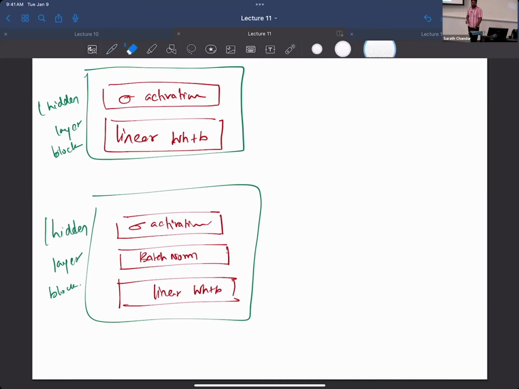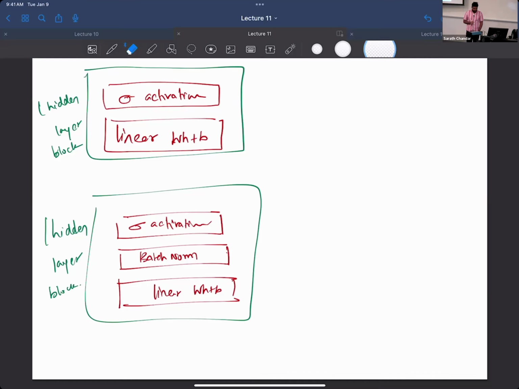Is that clear? Of course, if you want to implement this manually, you need to compute the gradient for the batch norm layer and implement things by yourself. But if you're using things like PyTorch or TensorFlow or JAX, they're going to do the automatic differentiation for you. So you can be crazy about the kind of normalizations that you do, as long as it is differentiable, the gradients are taken care of.